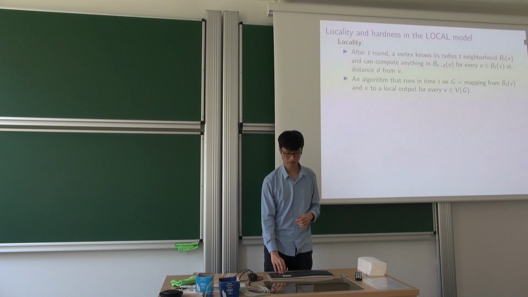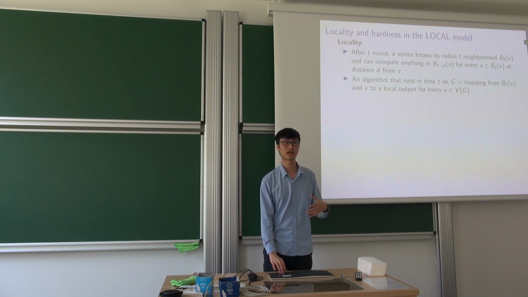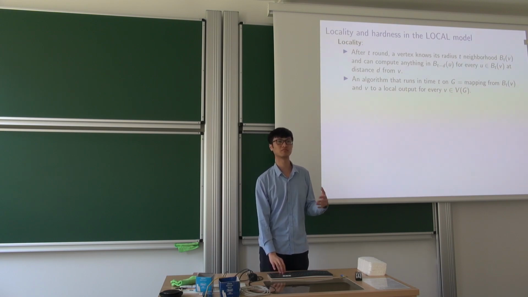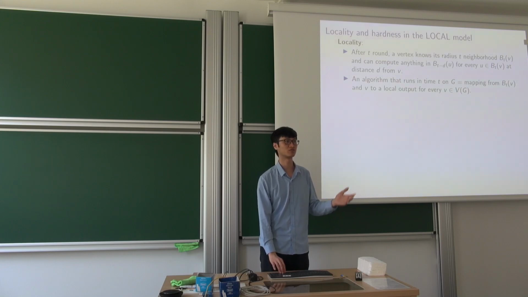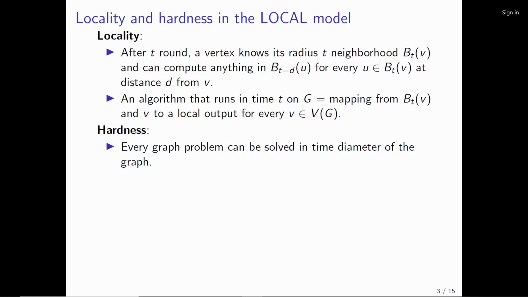And now let us talk a little bit more about hardness. Right? So we're measuring in number of rounds. So what does it mean for a problem to be hard, or what does it mean for a problem to be easy? Since we have unlimited computational power, of course, if I have a number of rounds equal to the diameter of the graph, then I can know my whole graph, right? And once I know my whole graph, well, I can compute anything I want, and so I will know what my own local output is.